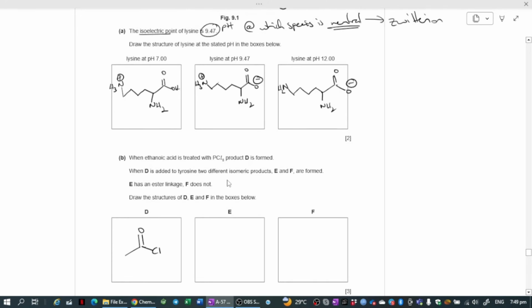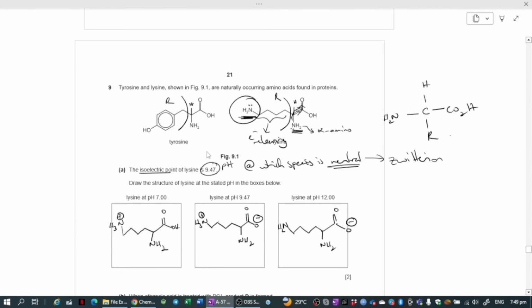So we know that we'll get a condensation type reaction happening. So E has the ester linkage. So the ester linkage has to form with this group here. What will happen? You will get COCl. You would lose HCl, and you will get COO. Right? So that is what will happen here. Why can't we do it on the carboxylic group?